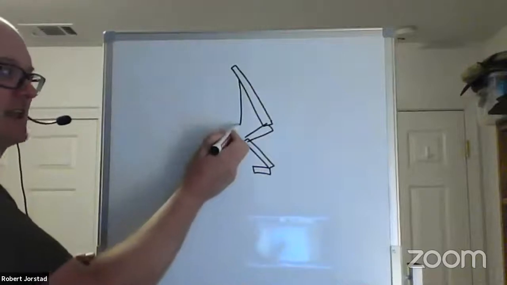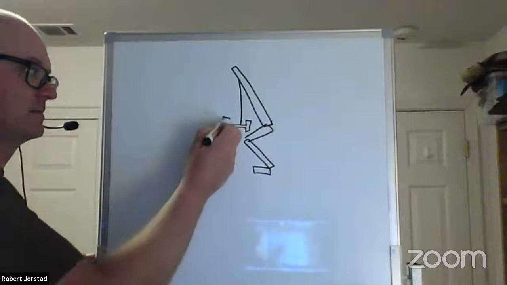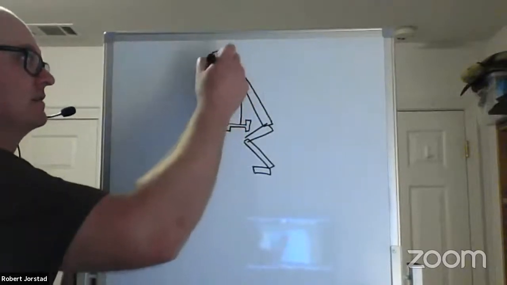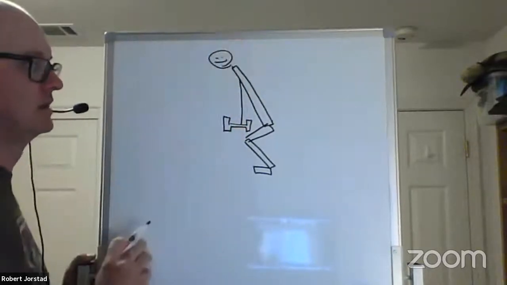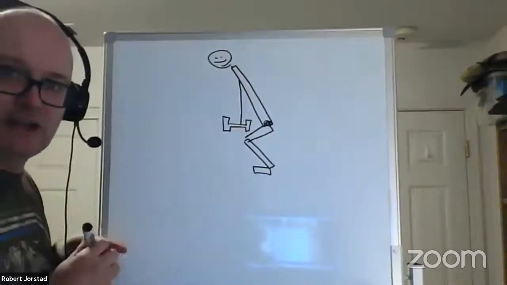Notice this mass that's hanging down. This would be where the dumbbell is. Let's put a head on this guy here. Notice this mass is a lot closer to the pivot point. You get a lot less torque.